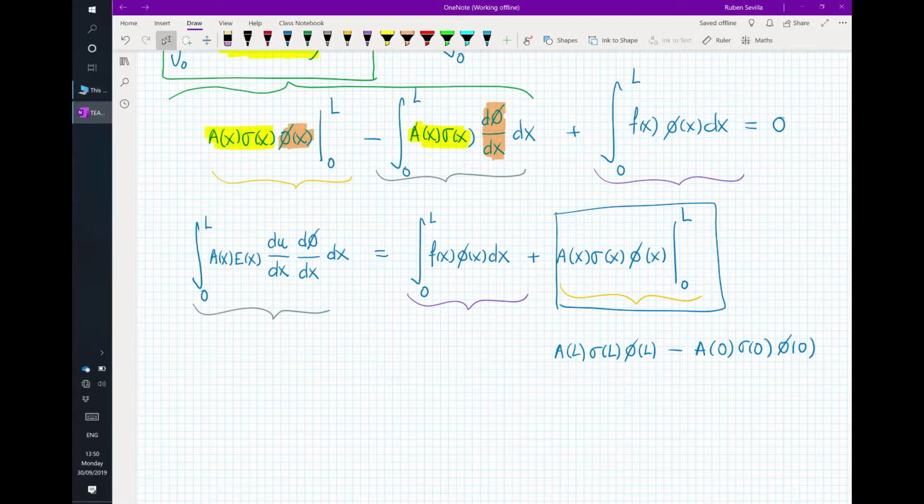Exactly. All of a sudden, and that's the whole point of doing the integration by parts, this is how you never forget it. Okay? Look at this formula. This is the integration by parts that you learn in school. What you're doing is transforming an integral in your domain to another integral in the domain. I want nothing here, but I have a boundary term.